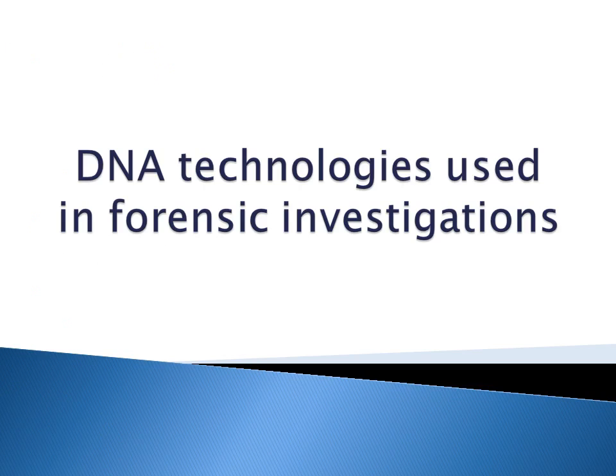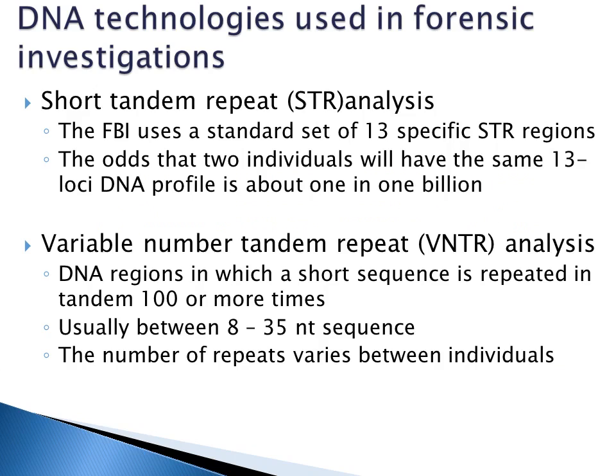So, different technologies that are used in forensic investigations. Well, usually we're looking at short tandem repeat analysis, and the FBI uses a standard set of 13 specific short tandem repeat regions. And the odds that two individuals will have the same 13 loci DNA profile is approximately 1 in 1 billion.